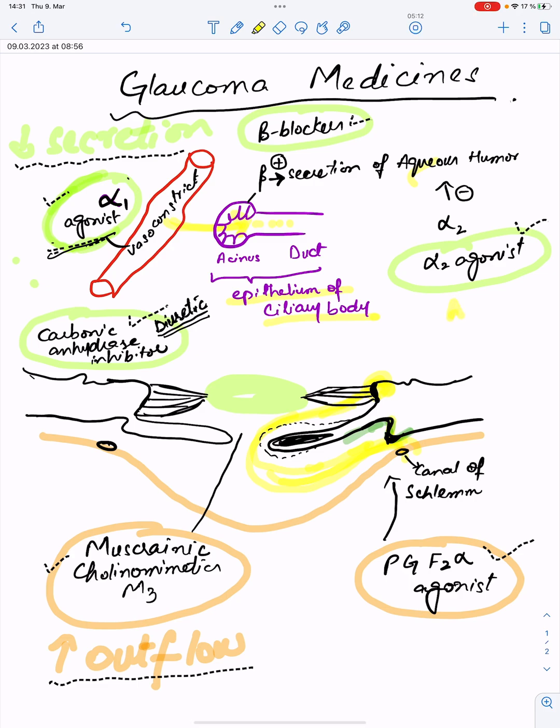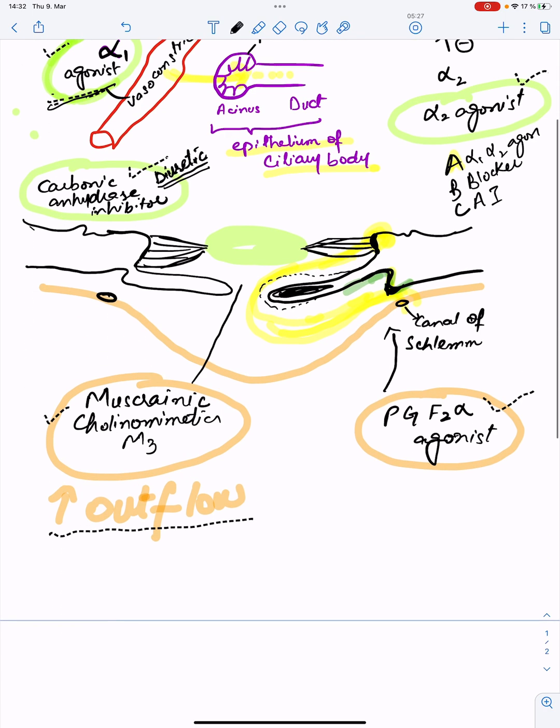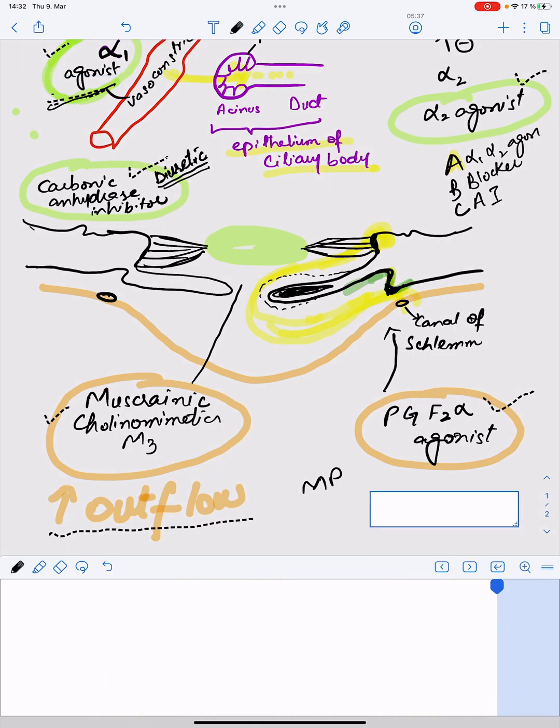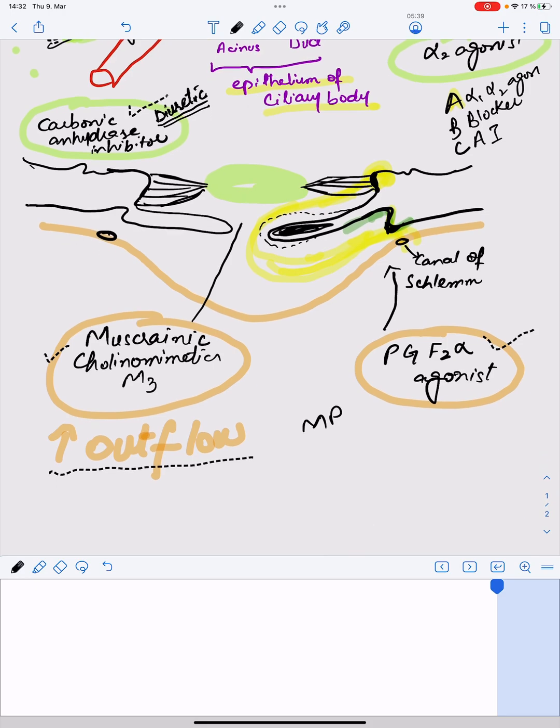You can say A, B, C: alpha 1 and alpha 2 agonist, beta blockers, and carbonic anhydrase inhibitor. And these two, these are MP: muscarinic drugs or cholinergic drugs and prostaglandin. They increase the outflow of the aqueous humor.